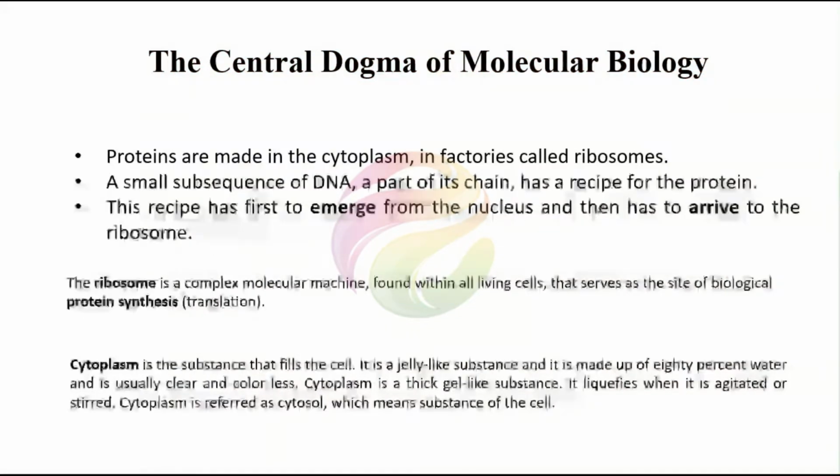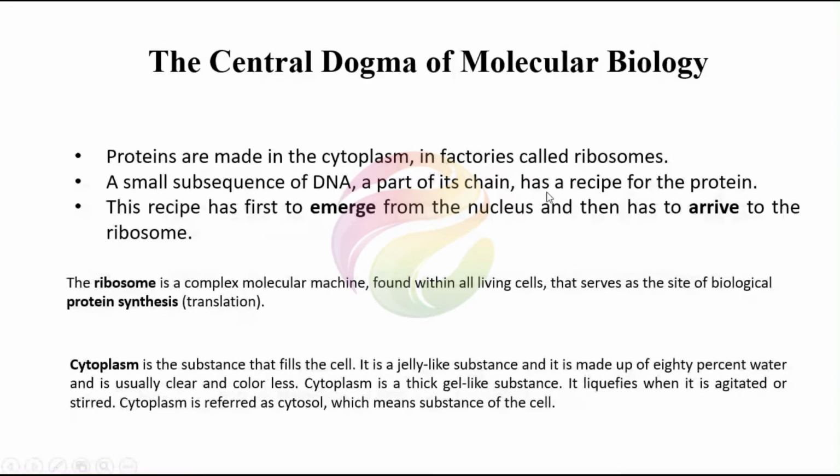So now proteins are made in the cytoplasm in factories called ribosomes. In the cytoplasm we have ribosomes as an organelle of the cell, and ribosomes are making proteins. A small subsequence of DNA, part of its chain, has the recipe for the protein.